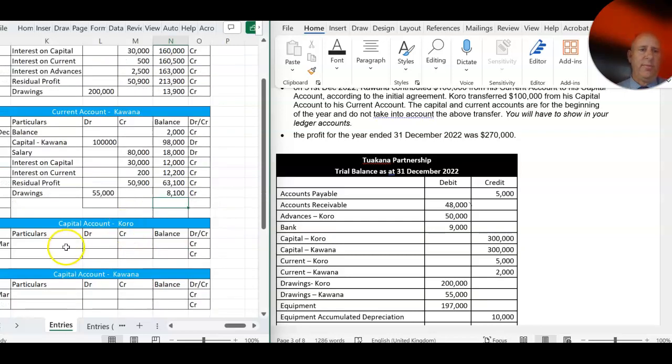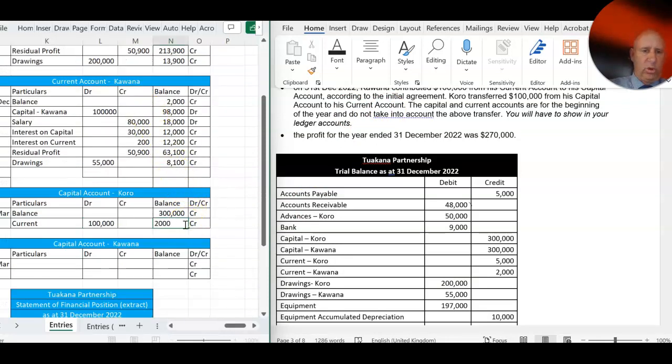Brilliant. At the start of the year, we're going to put balance and had 200,000. Whoops, 300. And then transferred 100,000 out of that's this part here, transferred 100,000 from his capital to his current, so out of his capital and into his current, that one up there.